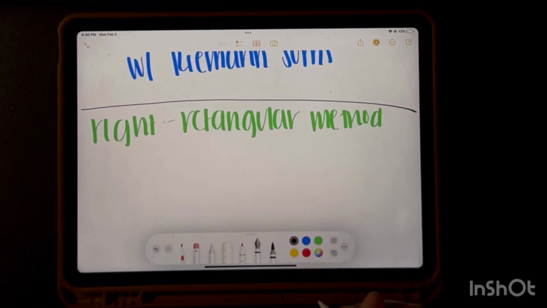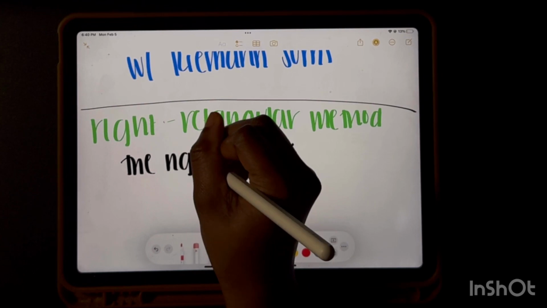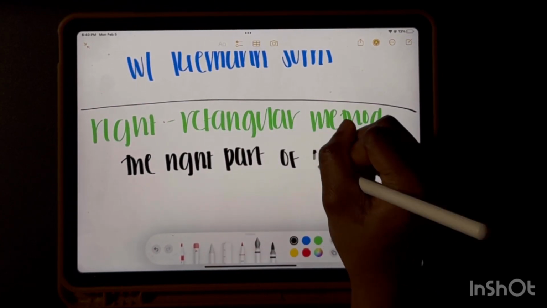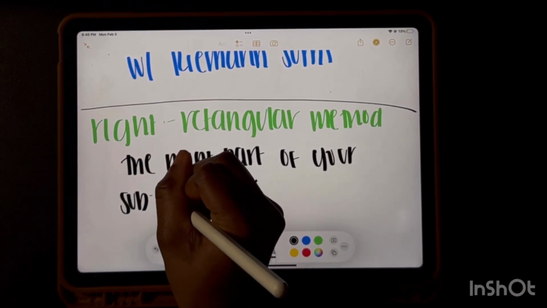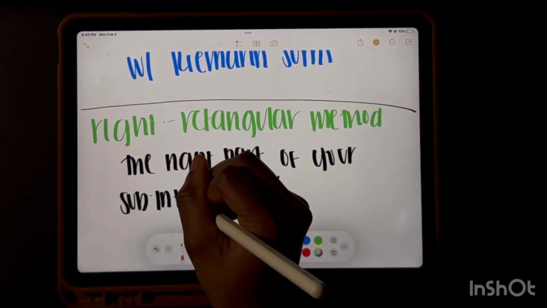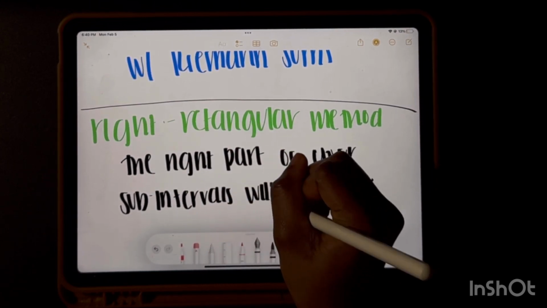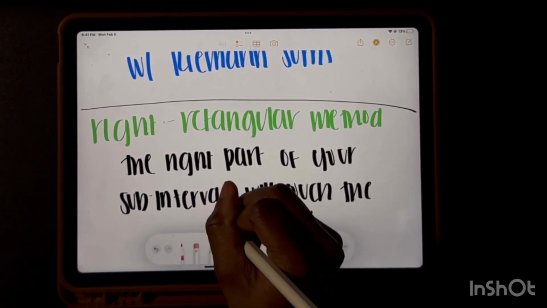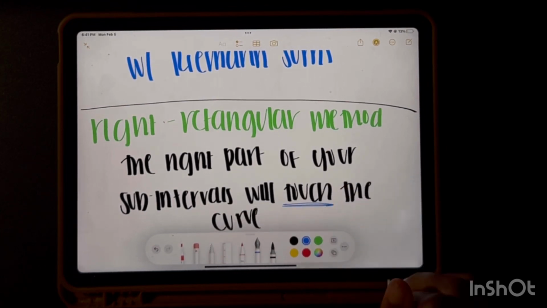This means that the right part of your subintervals, which is basically your rectangles, will touch the curve, meaning that it will touch the line in your function.